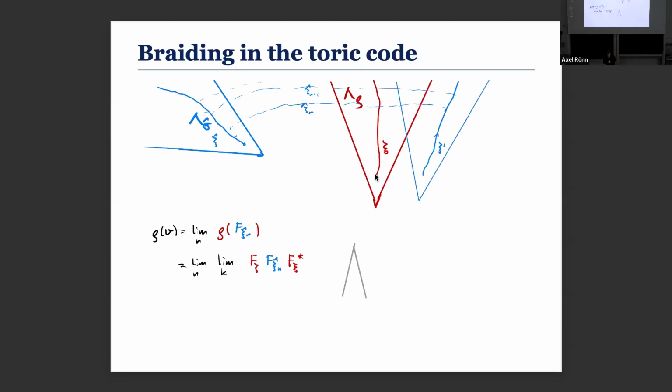So we have a row, let's say it's one of these X-type strings, and this is one of these Z-type strings. So what do I have to do? I had to choose a different cone and I move this over there. And how could I construct this map here? Well, I can take the element of the operators that go like this. I go there, I go along this bridge here and back here. So these are my V_n, and at every step I go a little bit further out.